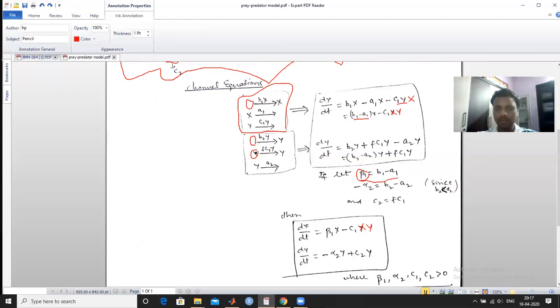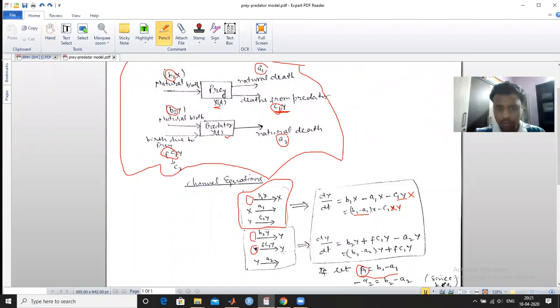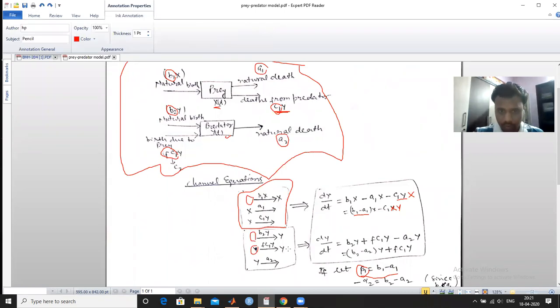And next, in this equation, I have to check one thing. So this second equation is FC y to y, but I have made a mistake here.